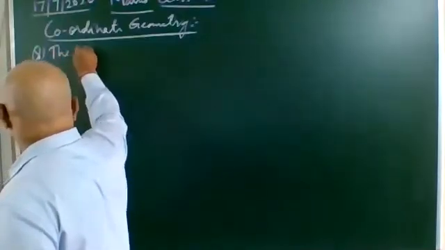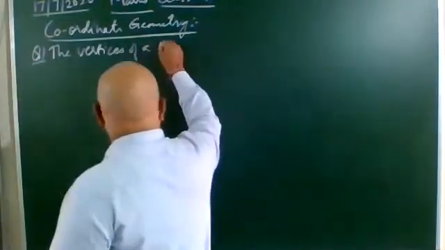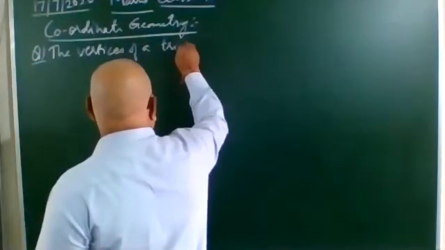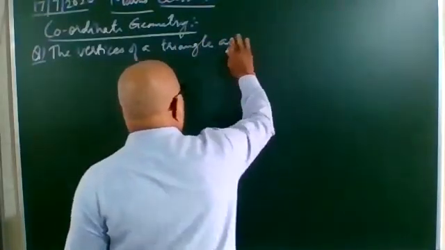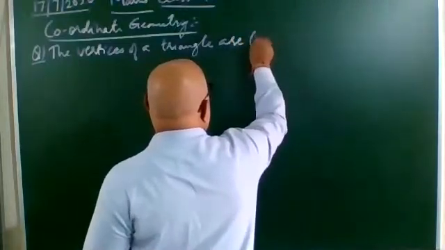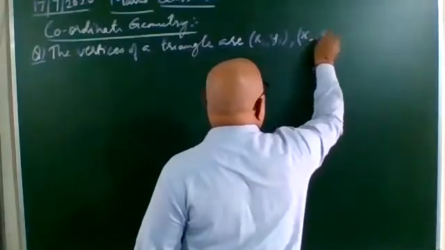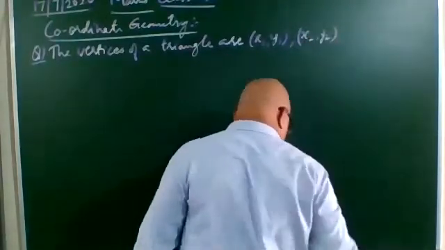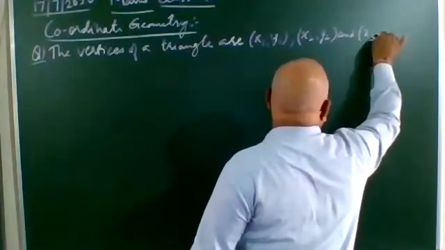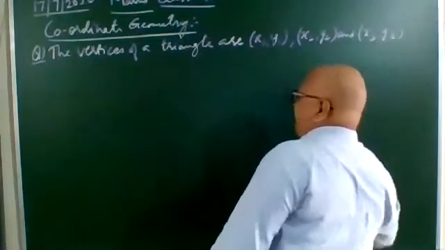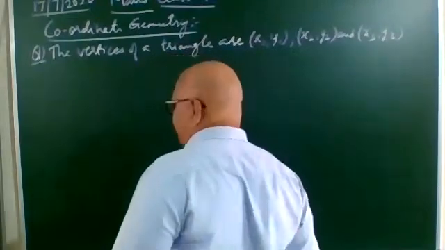The vertices of a triangle are x1, y1, x2, y2, and x3, y3.